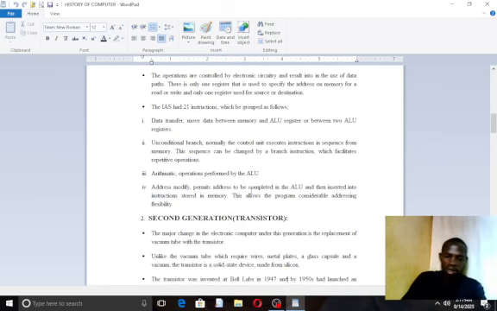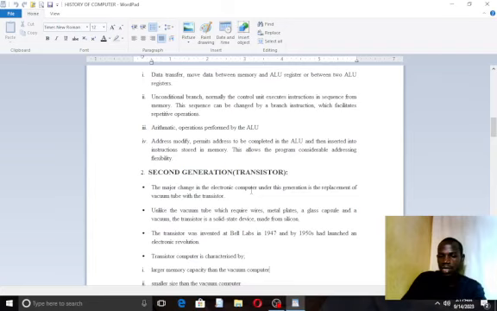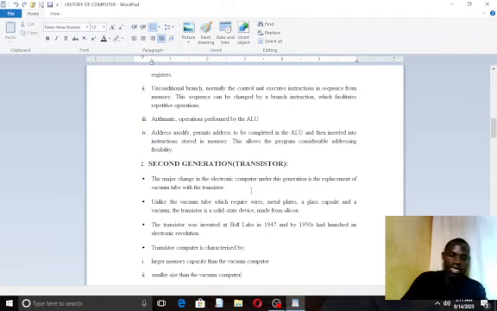Then the second generation. Under this generation, the major change in the electronic computer is the replacement of vacuum tubes with the transistor. So unlike the vacuum tube, which requires wires, metal plates, a glass capsule, and a vacuum, the transistor is a solid state device made from silicon.